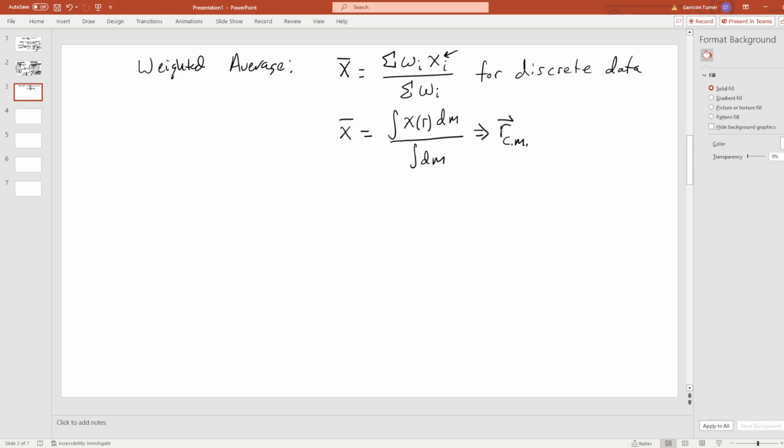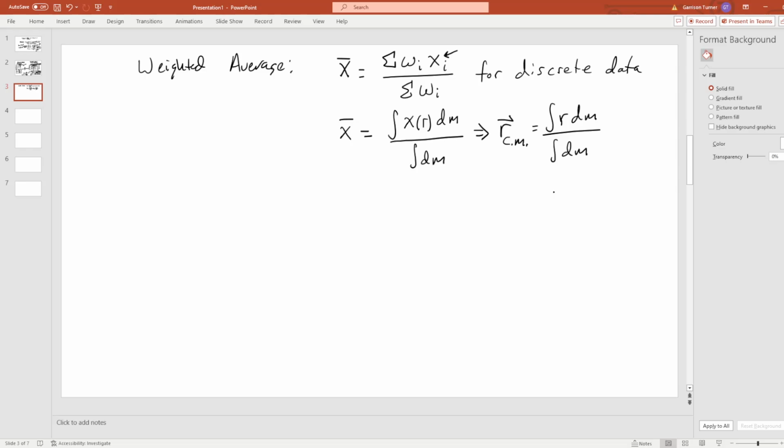And this stands for the position of my center of mass is equal to my function r. So r is my function. And this is just the distance from the axis of rotation to each little piece dm divided by the integral dm. Okay.